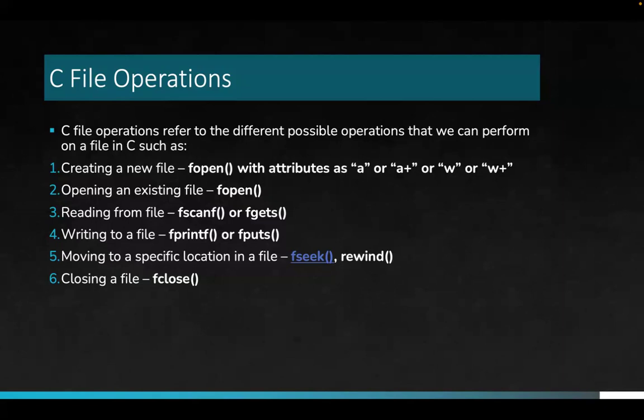To close the file, you have to use fclose. So these are the various inbuilt functions that will be used in C. I repeat again: fopen, fgets, fscanf, fprintf, fputs, and to move to a specific location, fseek, rewind, and to close the file, fclose. These are the functions that will be used.